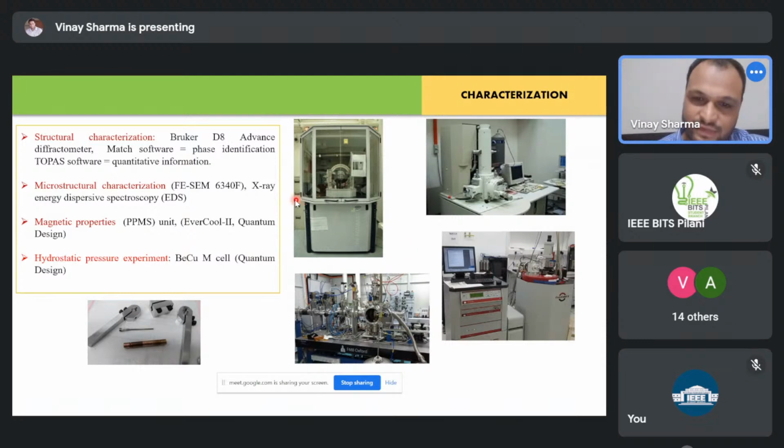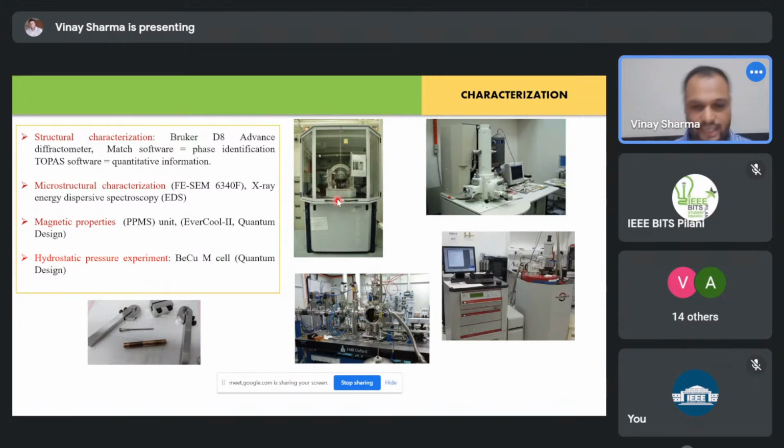The first one is called the X-ray diffractometer. This is a very popular characterization technique from which we find out the lattice structure of a material. Since this lattice structure is also within the range of angstrom to nano, we need to use some sophisticated techniques.